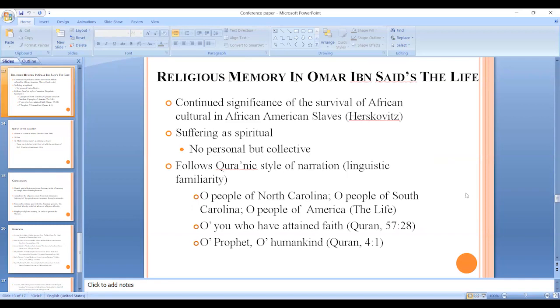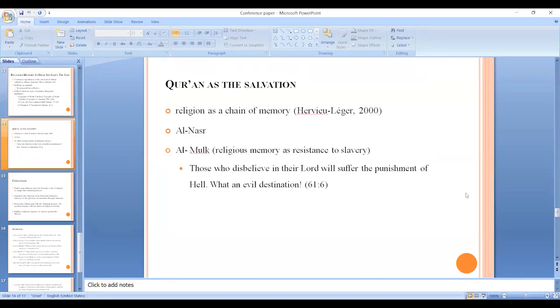That is how the Quran also starts, and Umar ibn Said is starting his narrative with the same scheme. And we see that he is very strategic in defending himself against slavery.